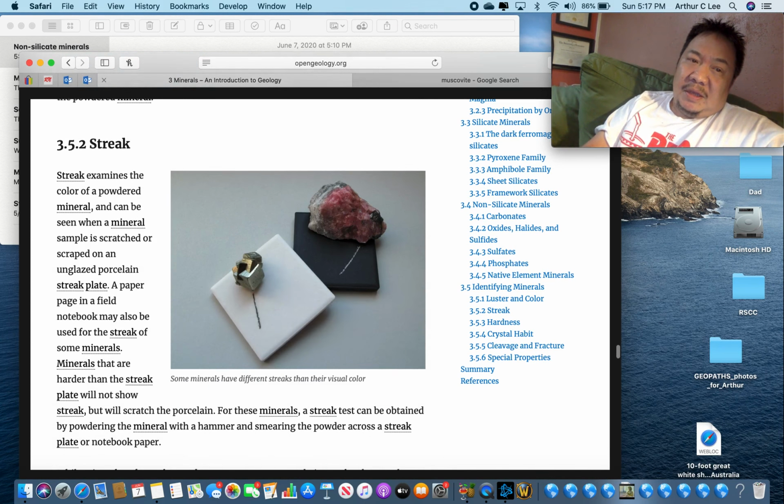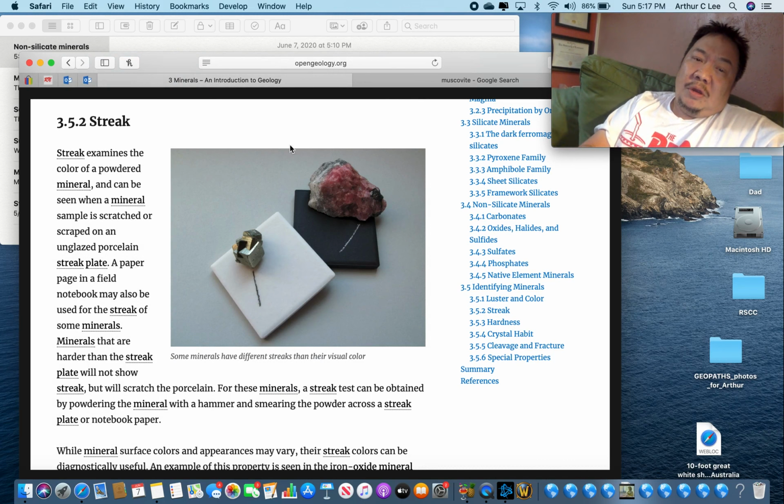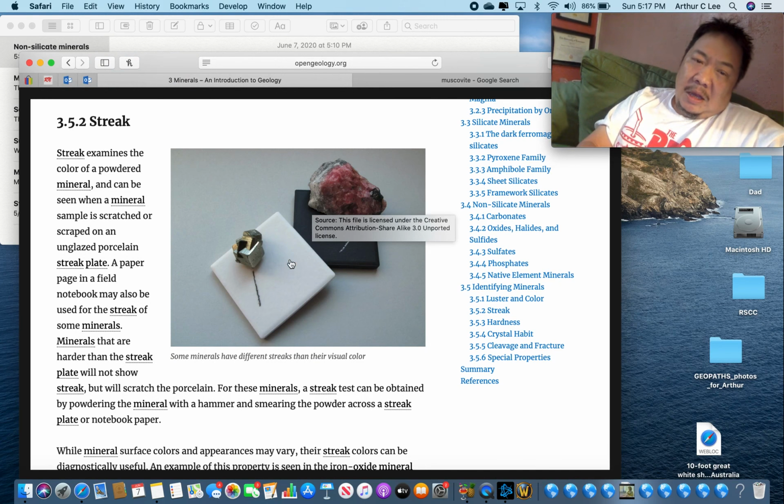But these other ones are more useful. You'll get dark colored streak plates and light colored streak plates. Light colored streak plates give you minerals with a dark colored streak, and they show up well on the white. Dark colored streak plates are better for minerals that give you a lighter colored streak.